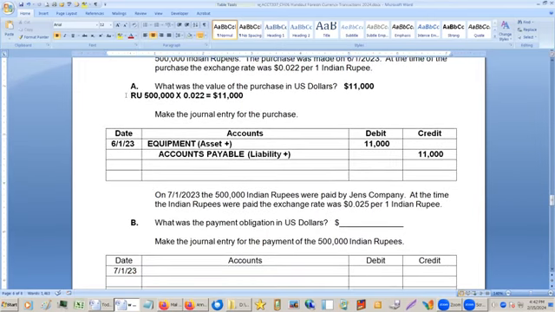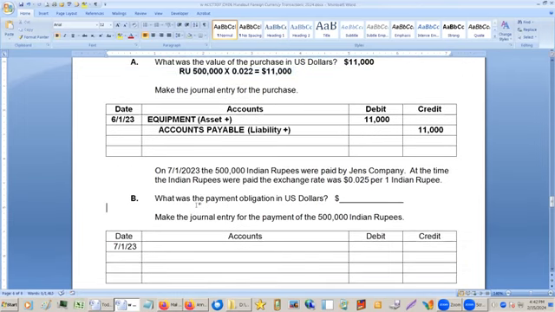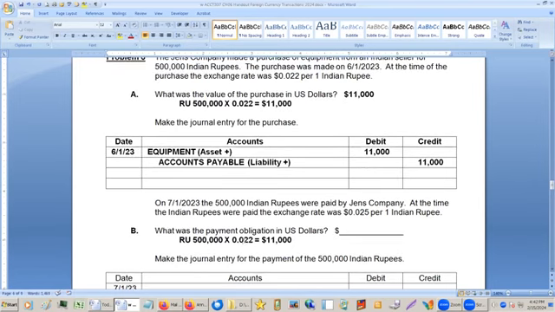Okay, we come down here to pay this off. So we go buy our rupees to pay them with. And they're 0.025. So let's see here. Should be able to do that in my head. 12,500.